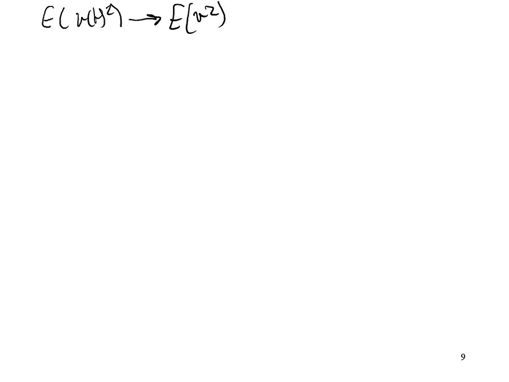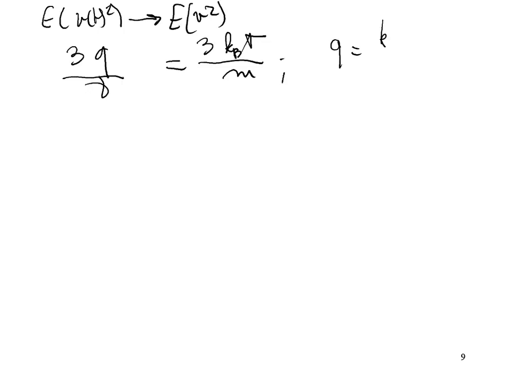By comparing the two sums, we have 3 k Boltzmann T divided by m, which is equal to, remember we did the previous calculation for v as if it was dimension 1, now in 3 dimensions, 3q divided by gamma. So then we are left with the following identity: q equals k Boltzmann multiplied by gamma temperature divided by m.